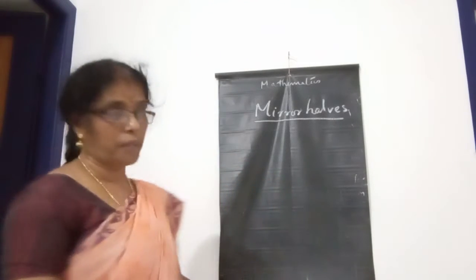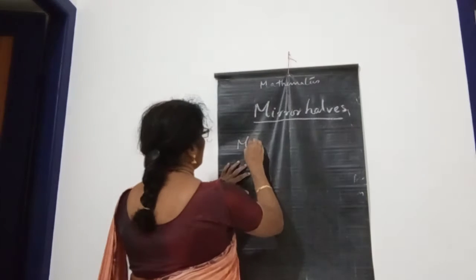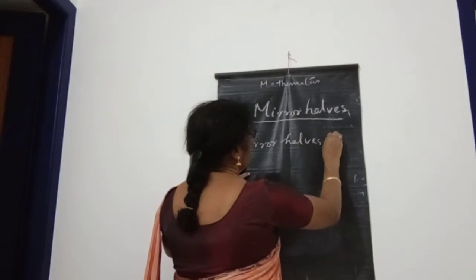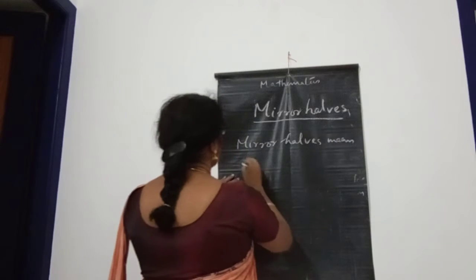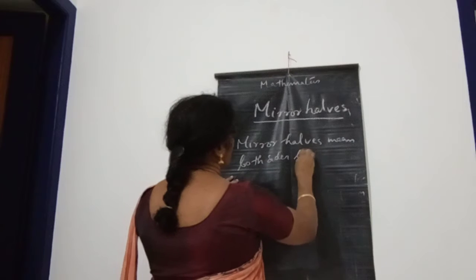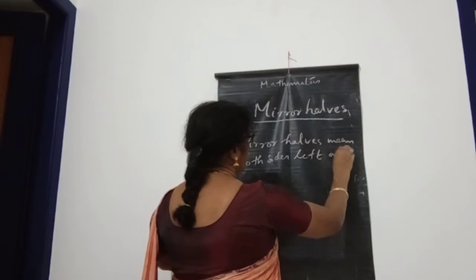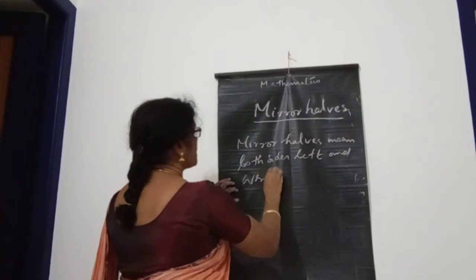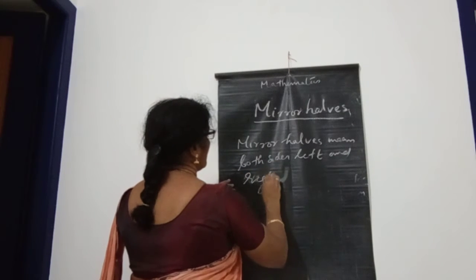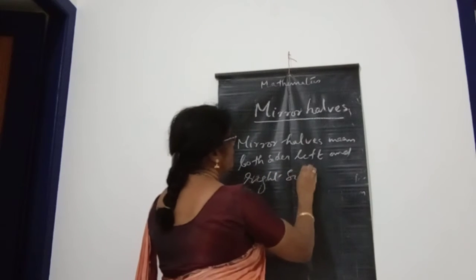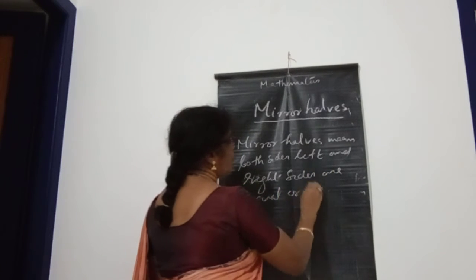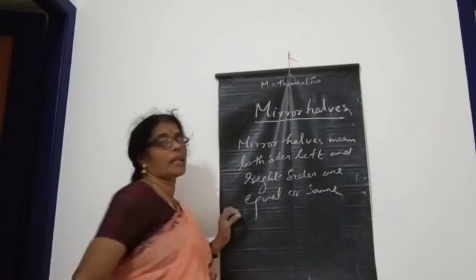The mirror house means both sides, left and right sides, are equal or same, that is mirror house.